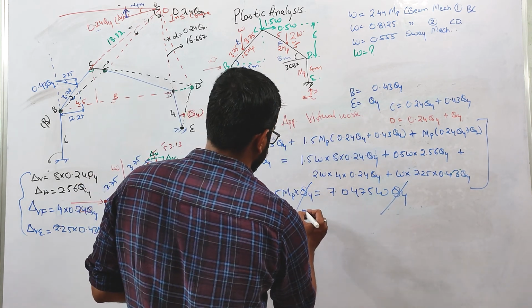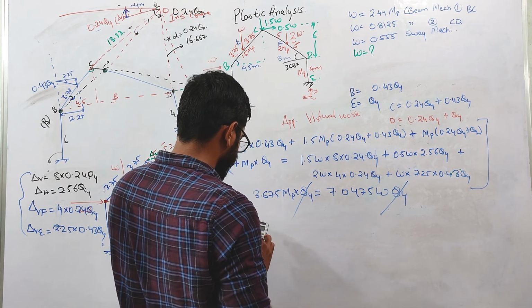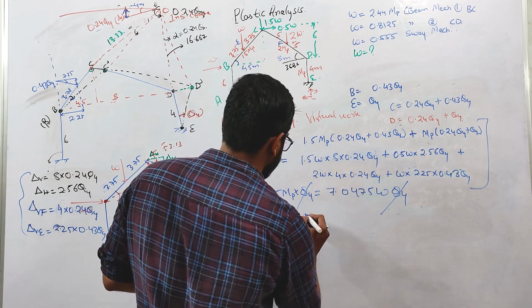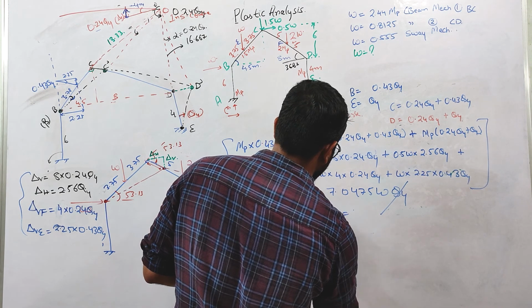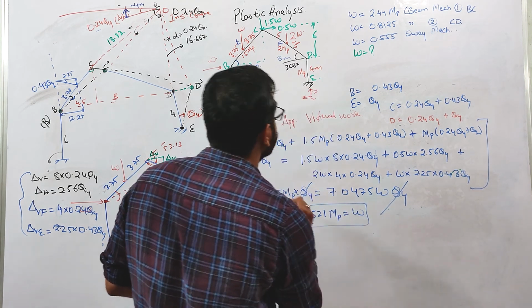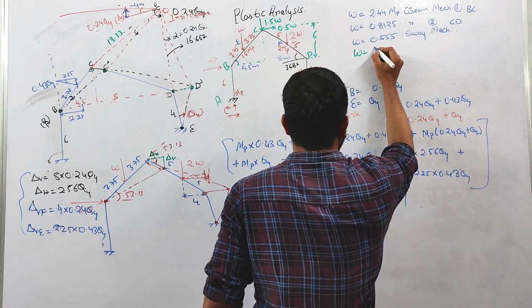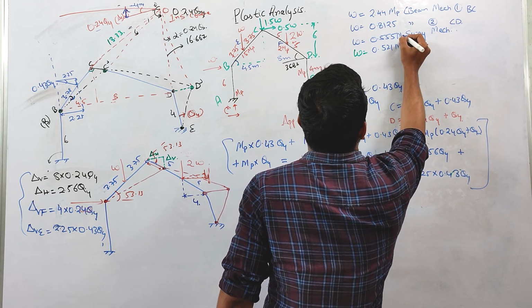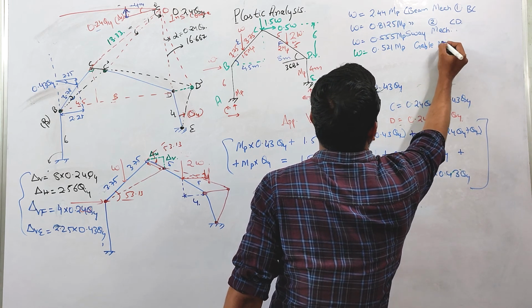So 3.675 divided by this value gives 0.521, so W equals 0.521 MP. So the value of W when there is a Gable mechanism is 0.521 MP.